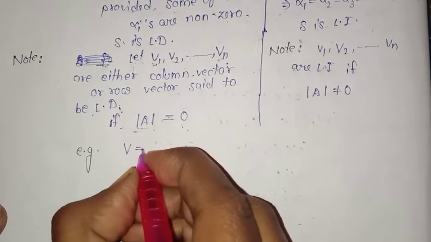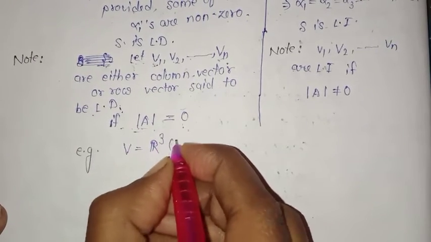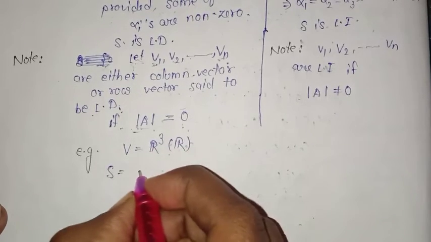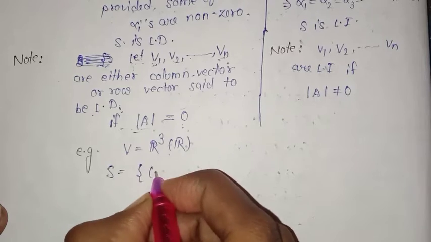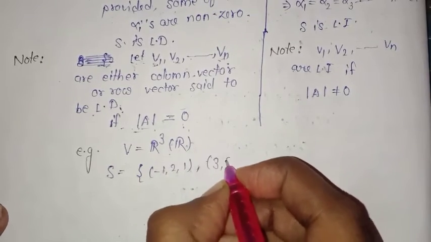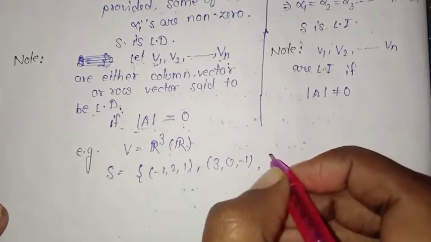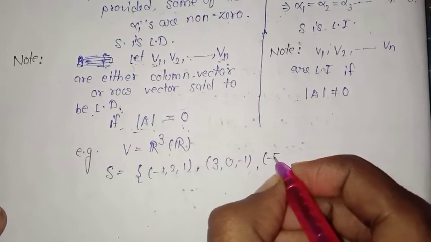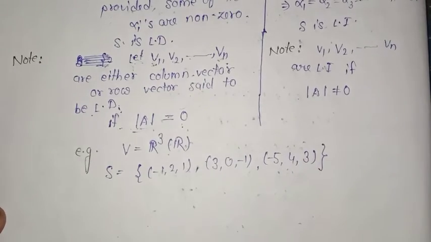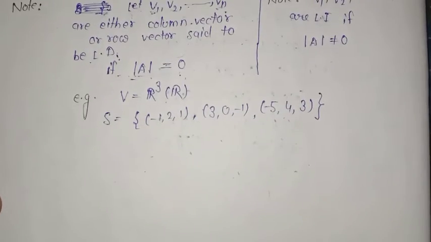Let V equal R cube over R, and a set S is given: minus 1, 2, 1; 3, 0, minus 1; and minus 5, 4, 3. This is our set, and we need to check whether it is LD or LI.